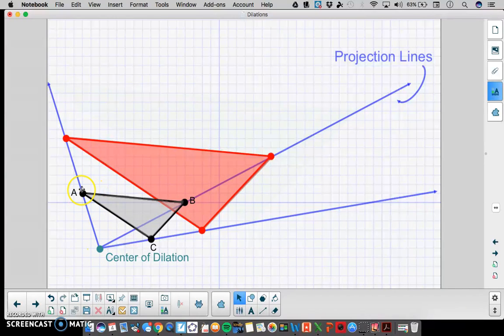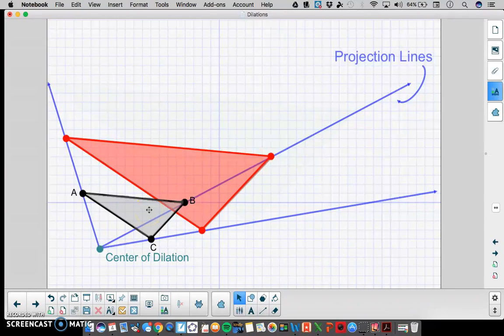So I've counted 6 up, 2 to the left to get to my original point A. Notice that if I count that again, 1, 2, 3, 4, 5, 6, 1, 2, then I've actually reached that A prime point. Notice that that is double the original distance from that center of dilation. So we would say this red triangle is a dilation with scale factor 2, because the sides here will be twice as big as my original triangle.